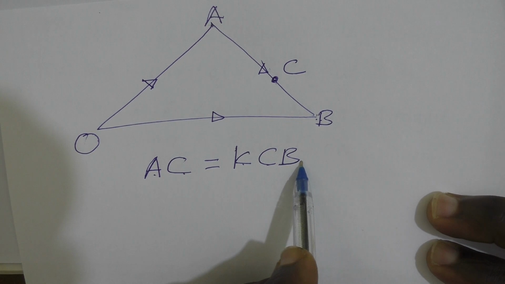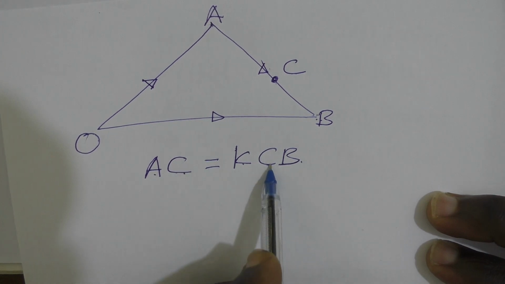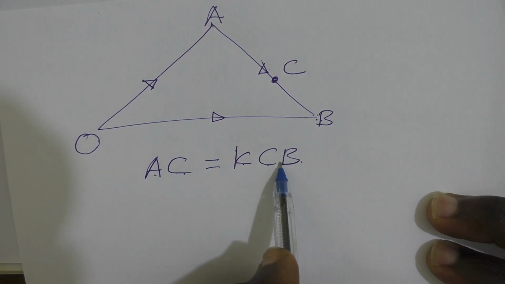But second, what shows that they are collinear is that they share a common vector. So once we are able to satisfy this equation, that proves that the points are collinear.